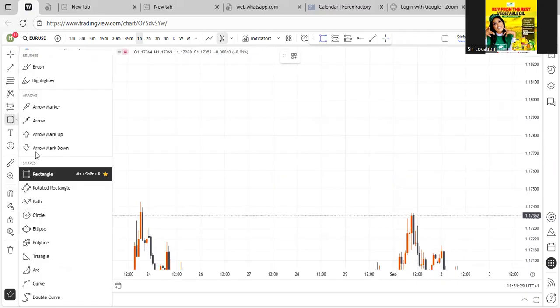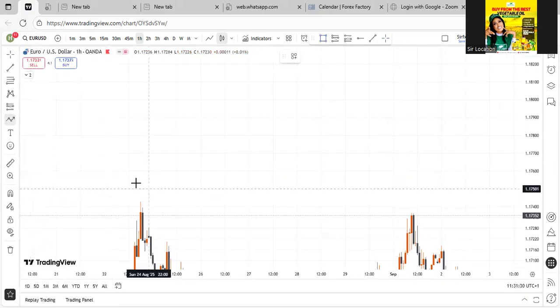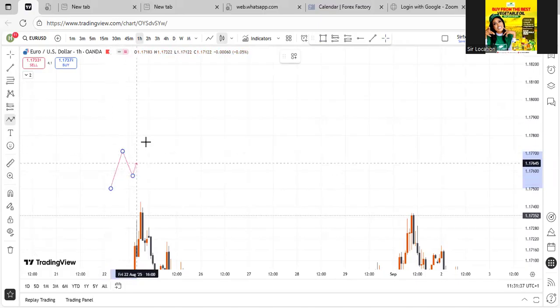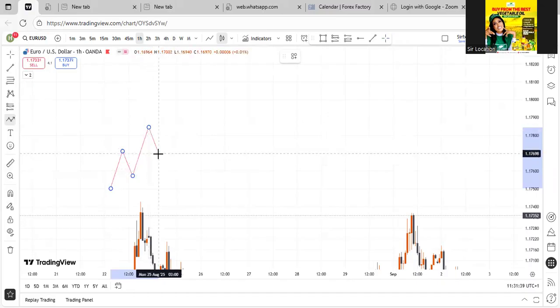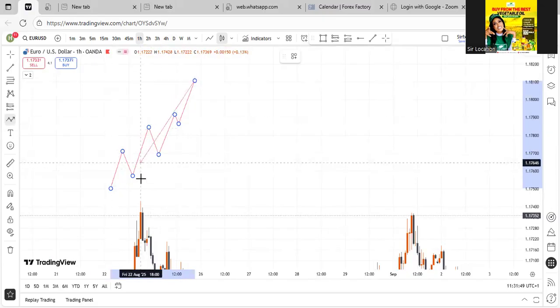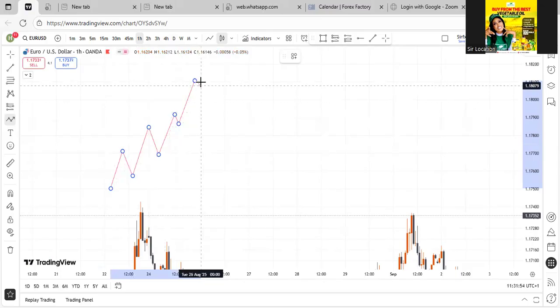Let me use this as an example. Something like this: when the market is moving higher high, higher low, higher high, higher low, higher high, higher low, higher high. Then let's say you were not here when this trend was moving. At that time, what the market does is this.